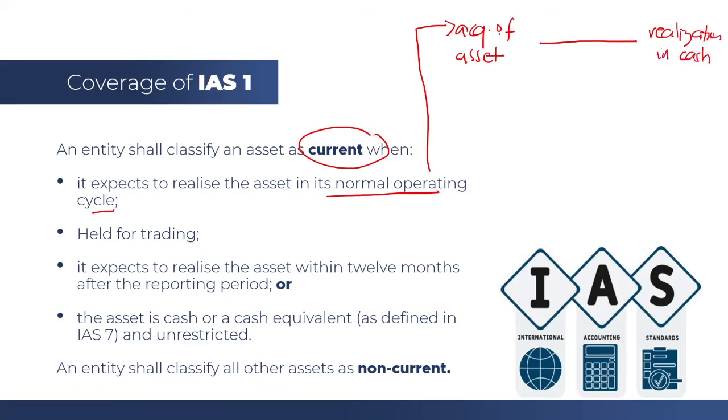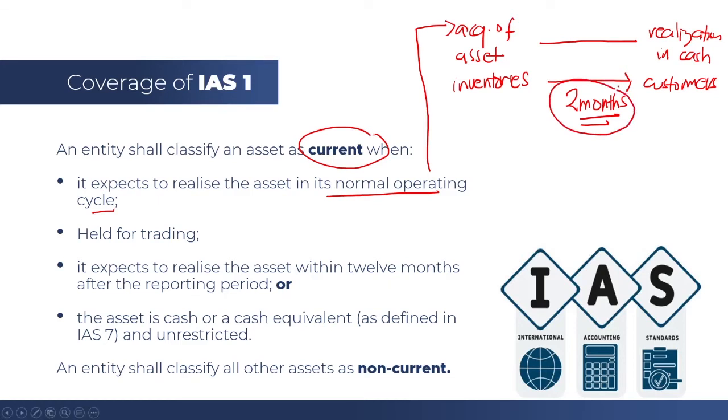For example, if you're buying inventories or buy and sell, and then you're expecting to sell these inventories to the customers in cash in about 2 months, it means that your normal operating cycle is 2 months because that is the time when you are converting your inventories into a sale. If the period is not very clear on the business, and even in your exams, it is assumed to be 12 months. And that's according to the Conceptual Framework.